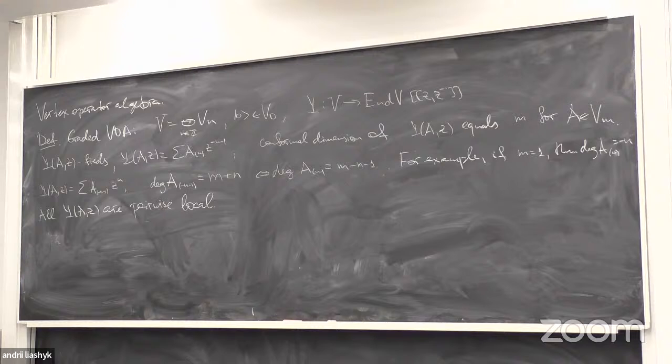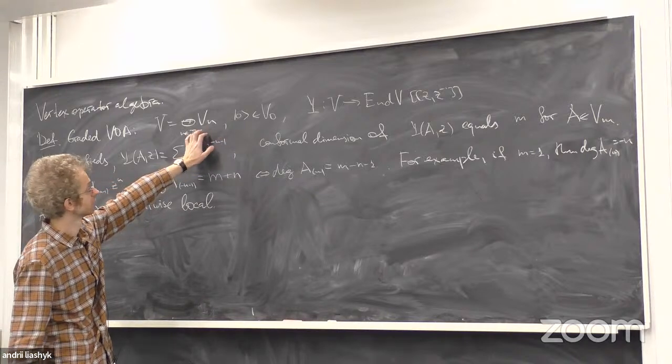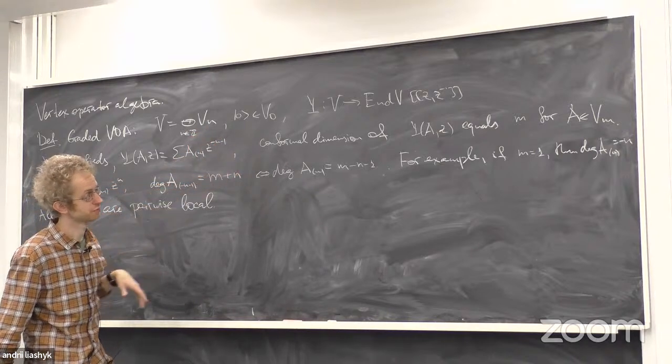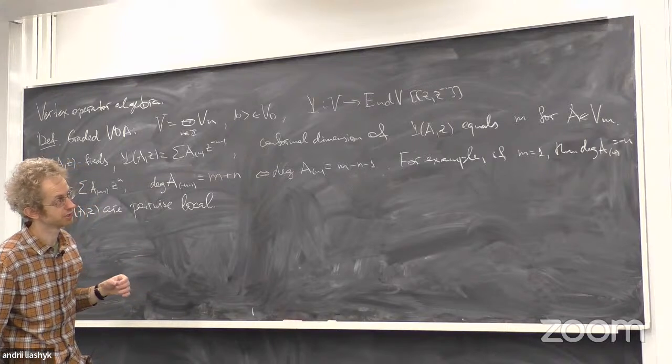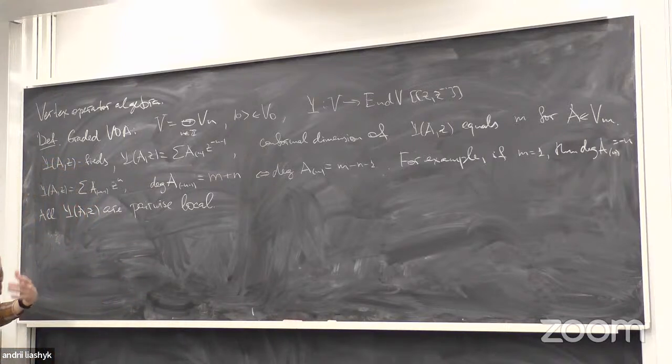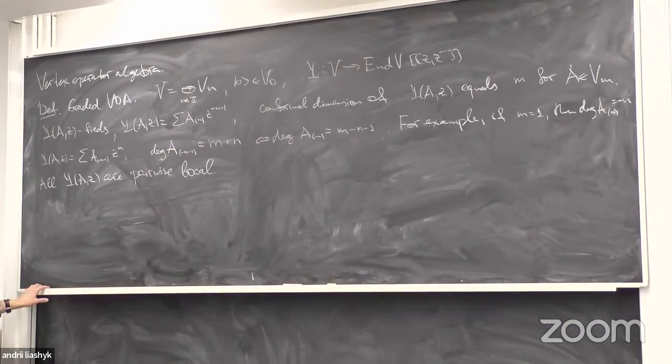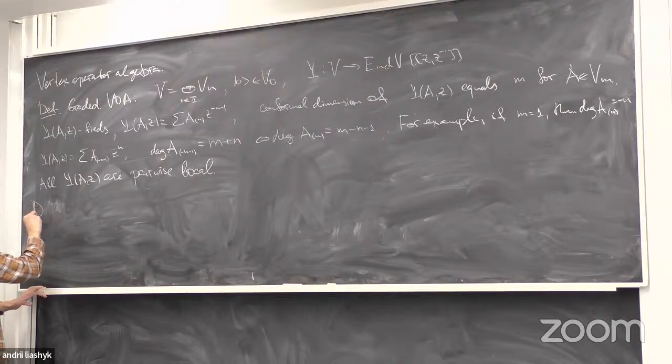All other axioms of a vertex algebra do hold here as well. The most important difference is that we have this grading, and the conformal dimension of the fields is prescribed by the graded component of the vector.